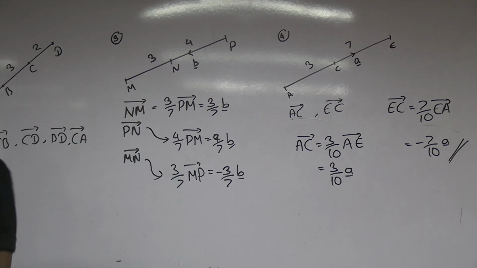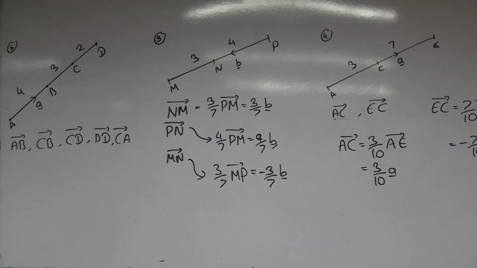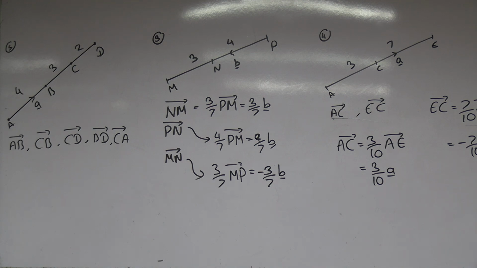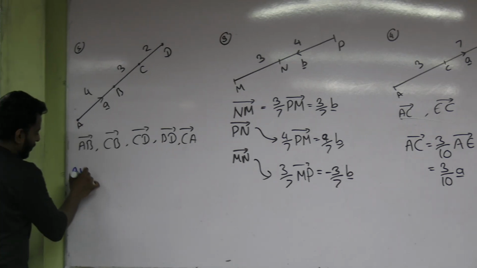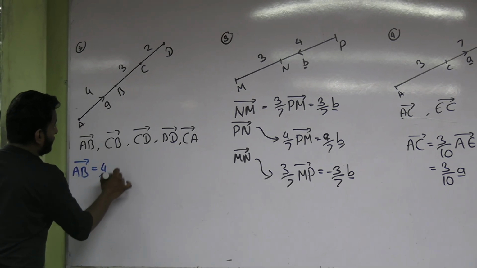Right. We'll try this out also. Question 5. Right, so here I can write AB, the ratio of the vector AB is 4 over 9 AD.